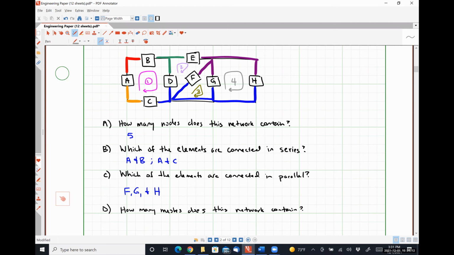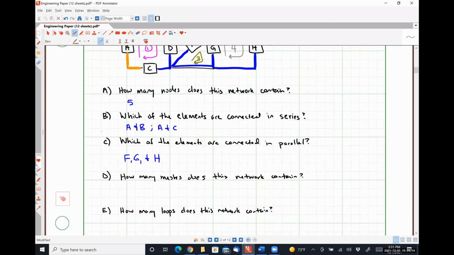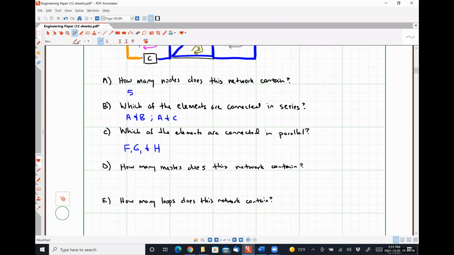Now to answer part E is going to be a little bit more difficult. So I want to break it down into digestible bits, okay?